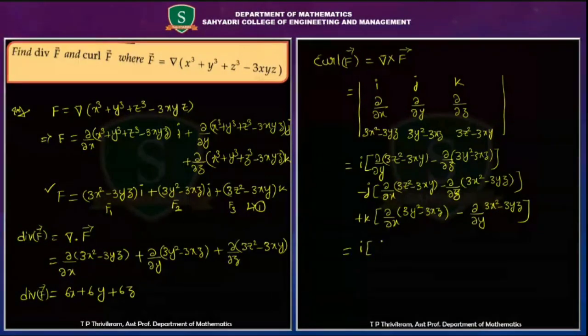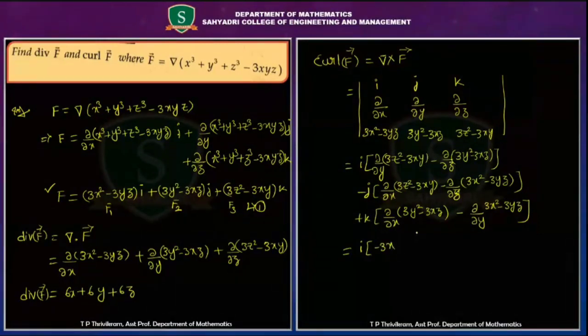Minus 3x plus 3x, we are differentiating with respect to z, 3x. Then minus j into minus 3x plus 3x.